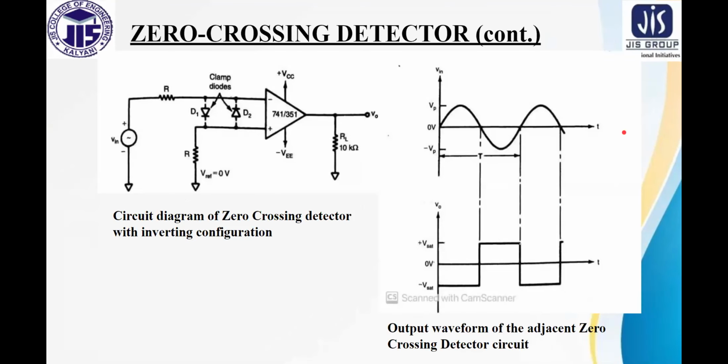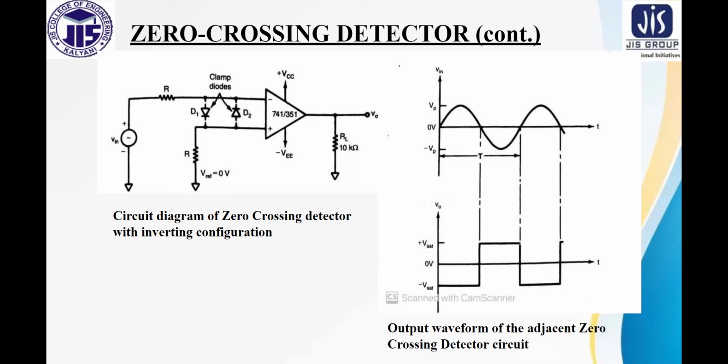Yeah, this is the circuit of the zero crossing detector. See, there are not many changes in the circuit diagram of the zero crossing detector. The only change I should mention is that one input voltage is the sinusoidal voltage, and the reference voltage provided for the zero crossing detector is 0 volt.